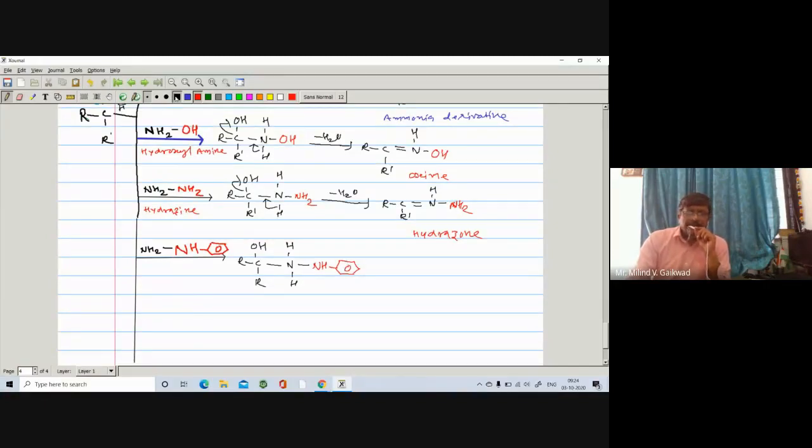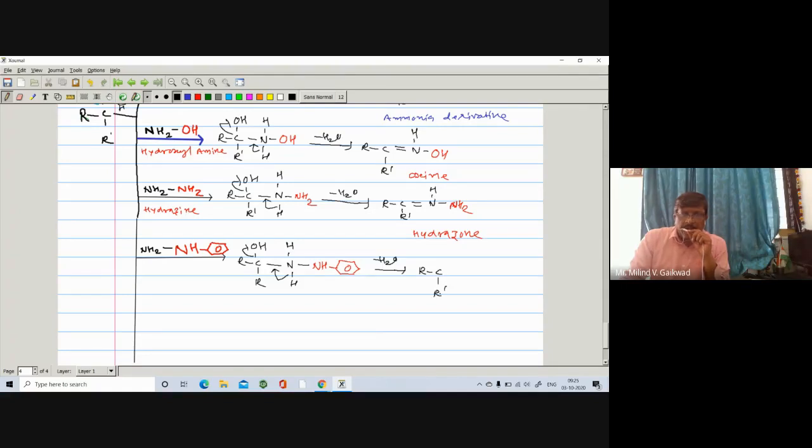So further it undergoes dehydration. This will shift here, this will shift here, and it undergoes removal of a water molecule, and you are getting the corresponding final compound, phenylhydrazone.